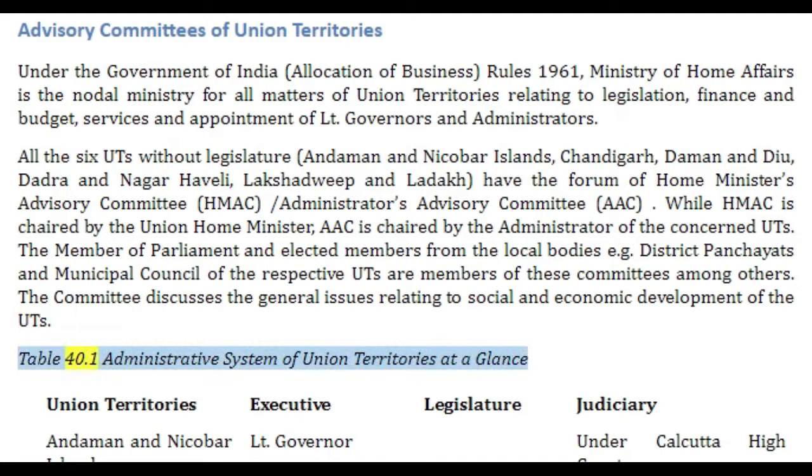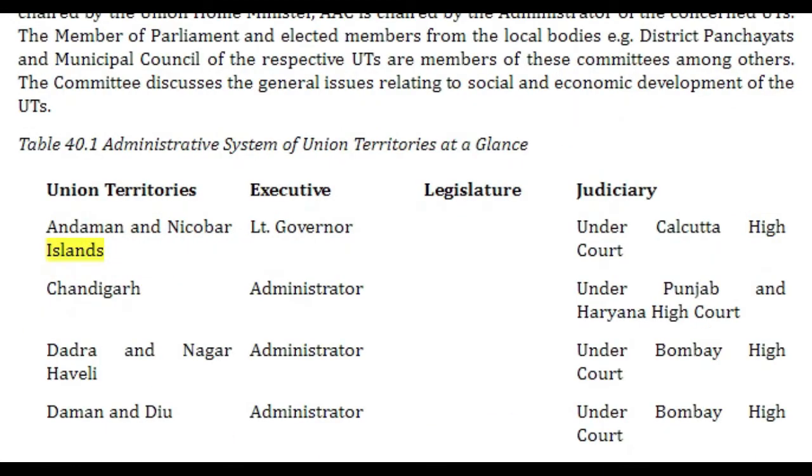Table 40.1 Administrative System of Union Territories at a glance. Union Territories. Executive. Legislature. Judiciary. Andaman and Nicobar Islands. Lieutenant Governor. Under Calcutta High Court. Chandigarh. Administrator. Under Punjab and Haryana High Court.